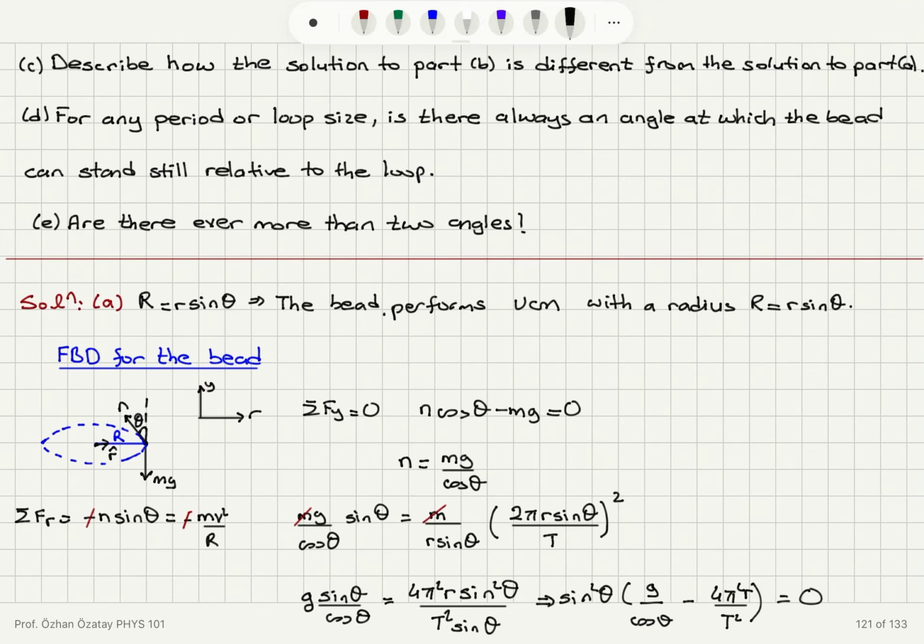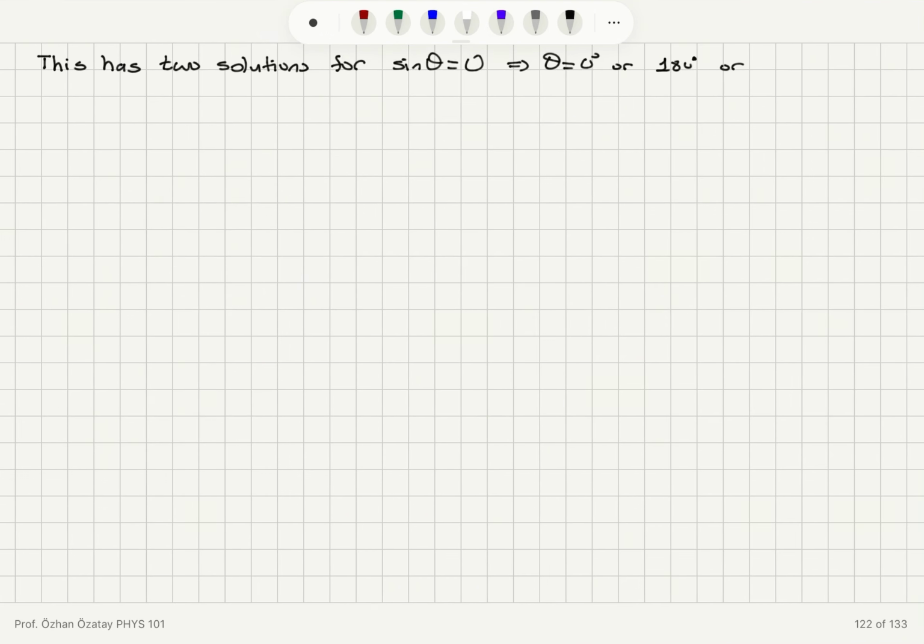On the other hand, this equation has another solution, where the parenthesis is equal to 0. That would give us g over cosine theta must be equal to 4 pi squared R divided by T squared.